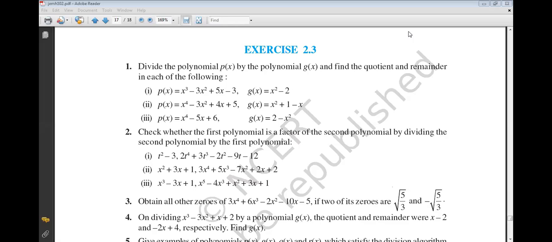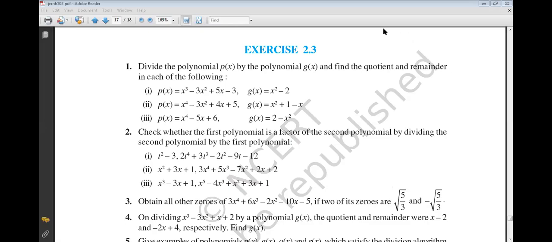The first part is p(x). What is the p(x) given here? The p(x) is 3x cube minus 3x square plus 5x minus 3, and the divisor polynomial is g(x). g(x) is equal to x square minus 2.